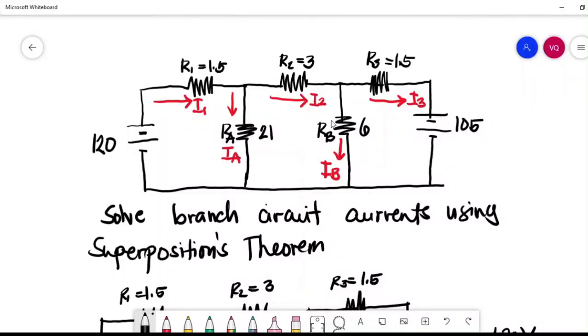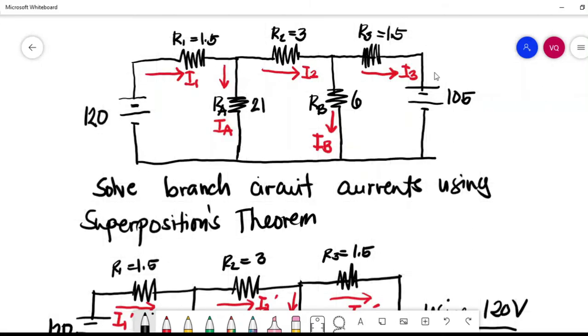We have another example. So, we have two sources, 120 and 105. So, this example is the same as our example in Maxwell and Kirchhoff's. We'll try to solve the branch currents I1, IA, I2, IB, and I3 using the Superposition theorem. First step is to short circuit our 105 volts and we will only use the 120 volts.